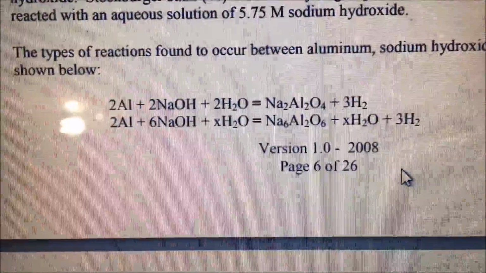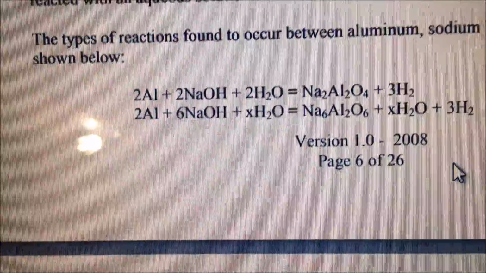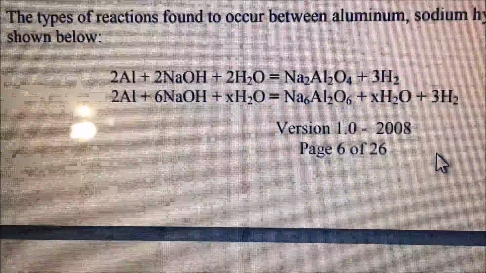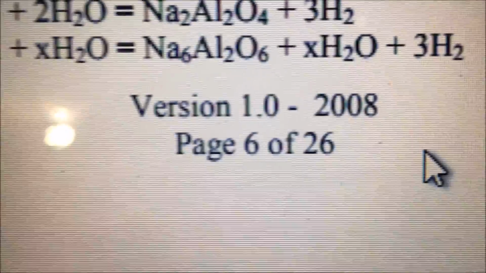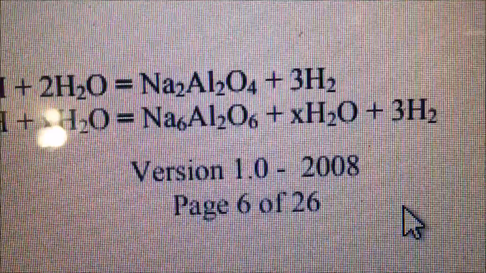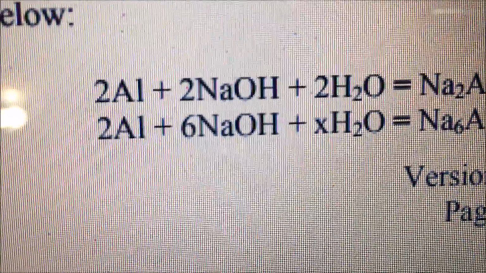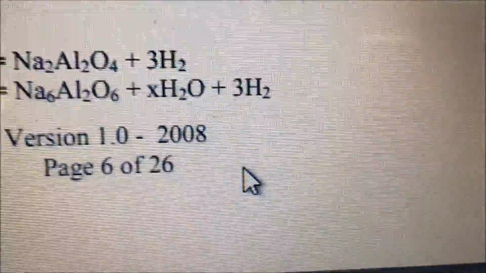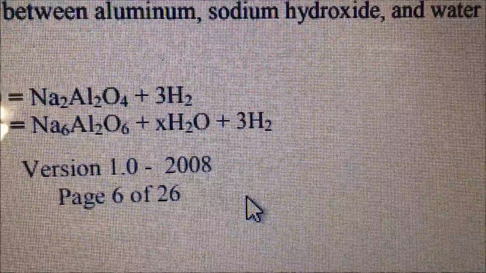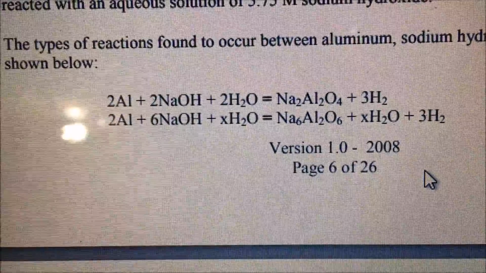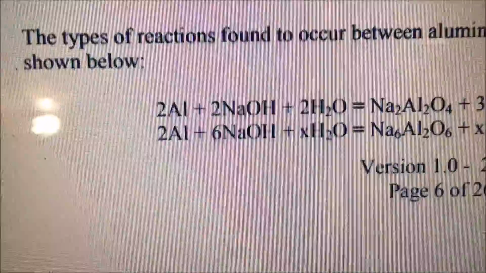You see that bottom formula? I believe if that takes place during the upper process, that it's using up sodium hydroxide to produce this right here, the Na6Al2O6. See how this reaction requires 6 moles of sodium hydroxide to get 3 moles of hydrogen, and I don't know what this XH2O is, but maybe that just means extra, a large quantity.